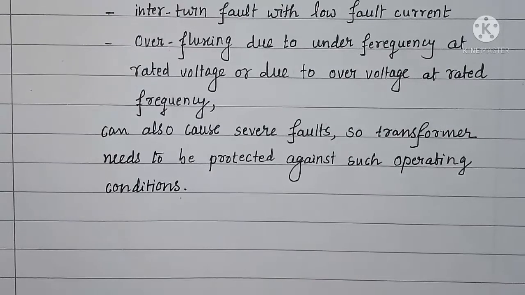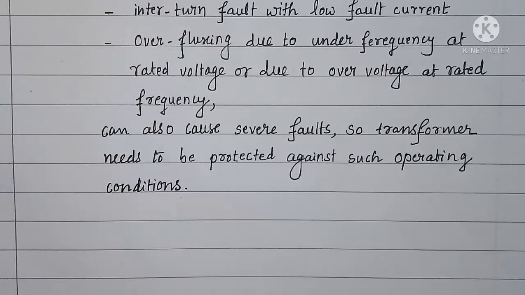We all know that initially when the transformer is charged, it draws heavy magnetizing current. But magnetizing current is not a fault current, and also it is not an abnormal operating condition of transformer.